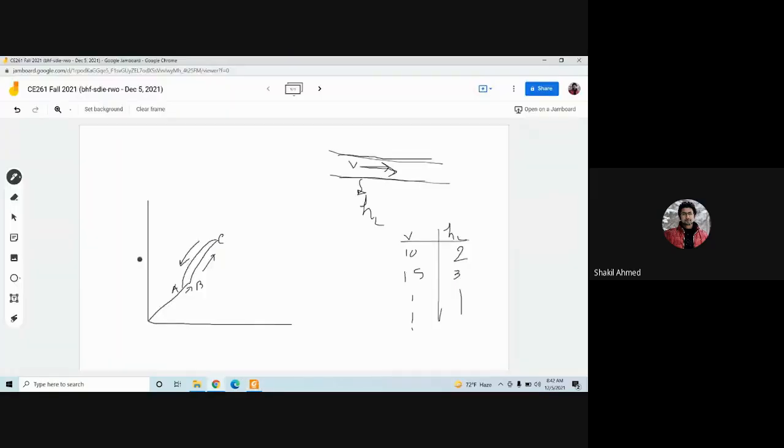This is basically HF here, this head loss, or HL, whatever you say, and this is the velocity here.